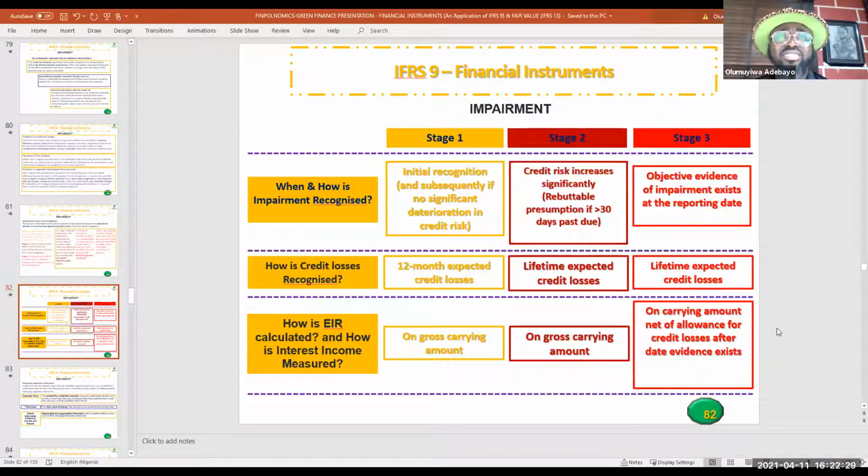You are not even fighting for continuation of interest, because it's the survival of the fittest. You survive first. You even survive your capital, talk less of saying there's interest you want to mandate for collection. And that is the position with respect to the general approach, which means the impairment assessment we are talking about here is the general approach.